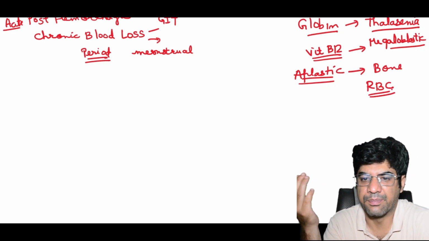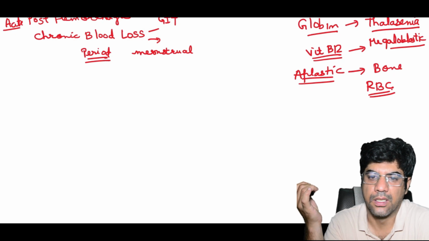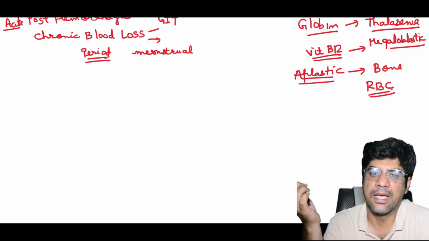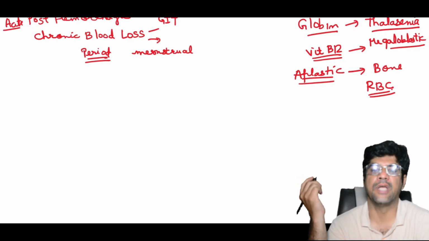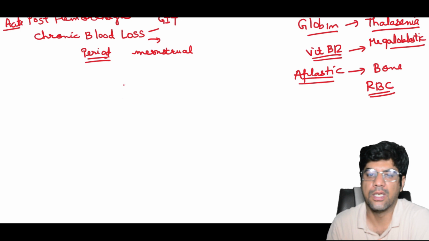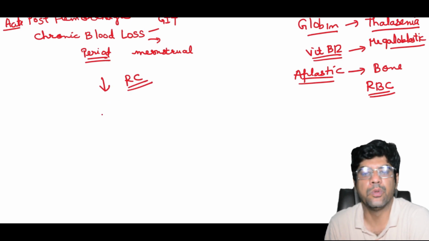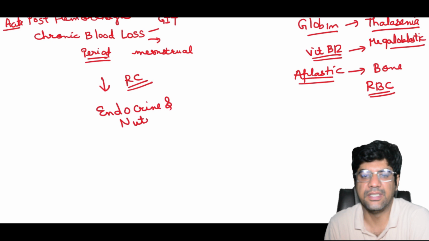Chronic diseases can suppress bone marrow function. Anemia in renal diseases: the kidney fails to produce adequate erythropoietin hormone, which leads to a decrease in red cell production. Other anemia could be due to endocrine and nutritional deficiency.